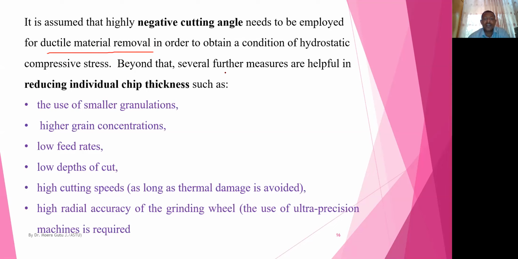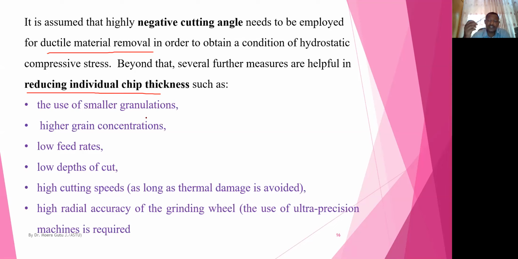Beyond that, several further measures are helpful in reducing individual chip thicknesses. So to reduce the chip thickness, in addition to using negative cutting angles, you can use smaller granulations. This means the grain structures should be very fine, very small.